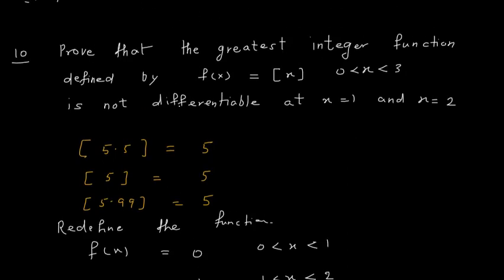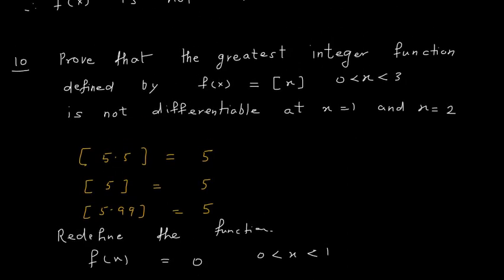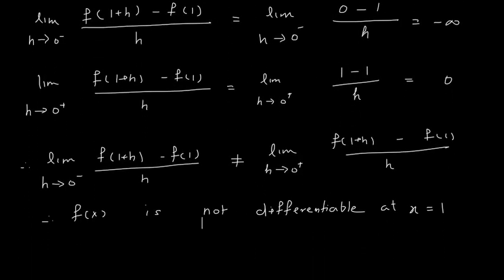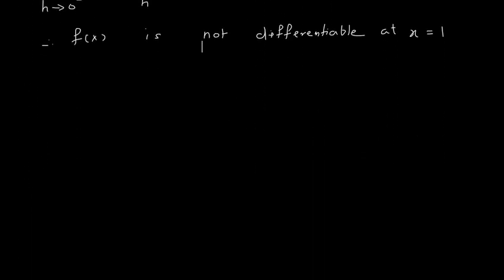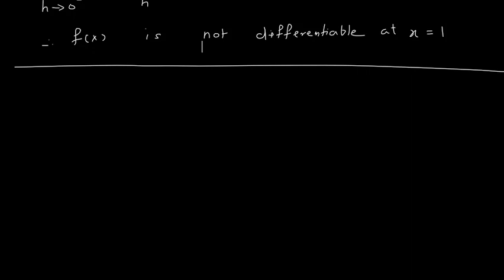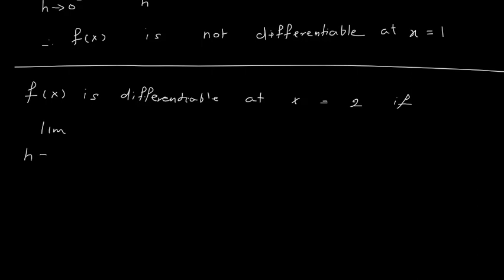In the same way, I'm pretty sure that you can check the differentiability of the function at x equals 2. Now, if I want to check differentiability at x equals 2, I will say that f(x) is differentiable at x equals 2 if the limit as h tends to 0 minus of (f(2+h) - f(2))/h should be equal to the limit as h tends to 0 plus of (f(2+h) - f(2))/h.